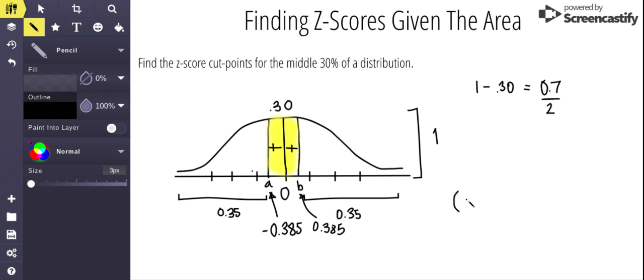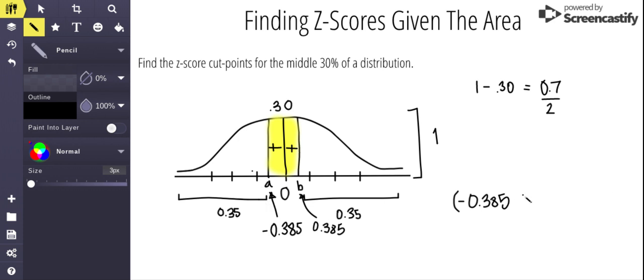And you write it as: negative 0.385, and remember, these are the z-scores that we have found, so don't just write 0.35 because that's the percentage. We want that actual value.